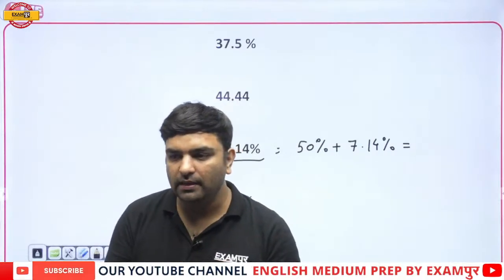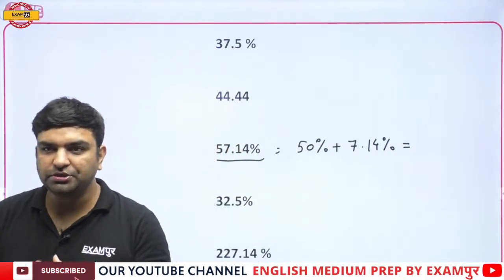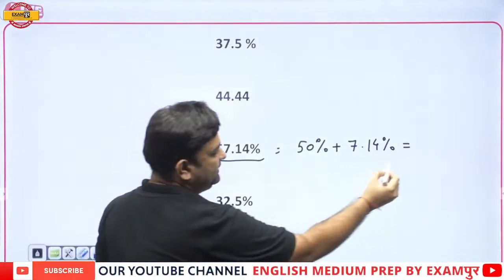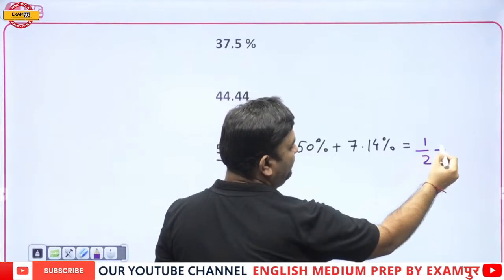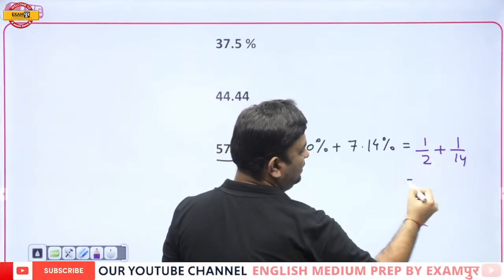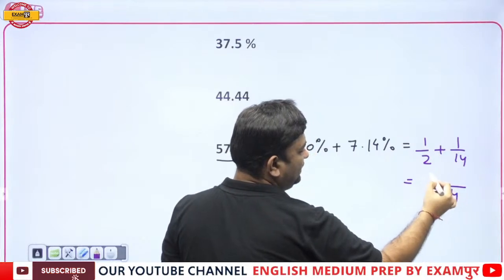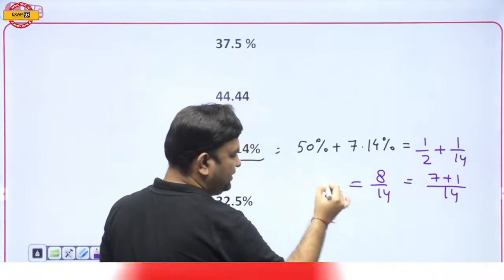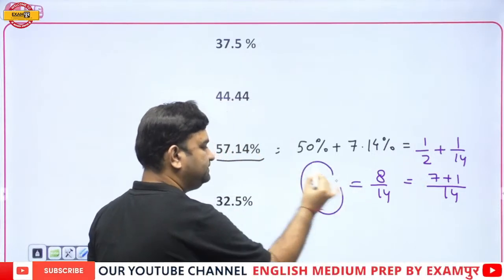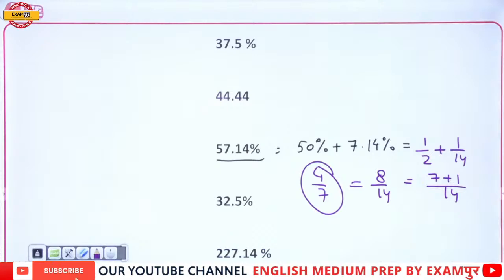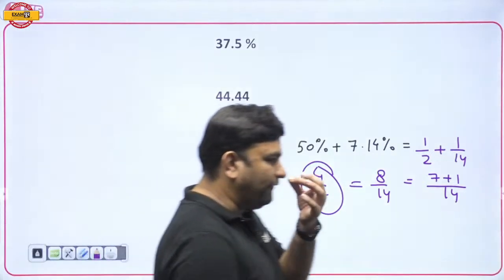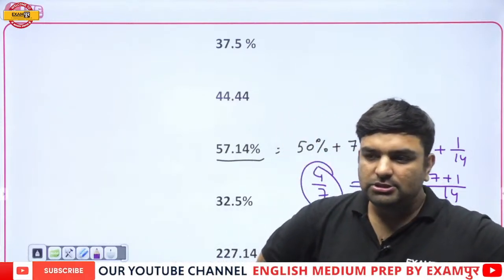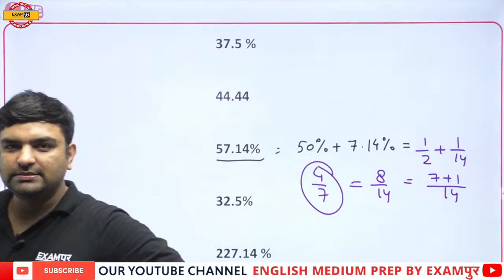You are only breaking into those parts whose fractions you know. 50% is 1 by 2 and 7.14% is 1 by 14. Take the 14 LCM. It is 7 plus 1, 8 by 14, or you will say, sir, 4 by 7. You have to break the number into two fractions whose values you know.